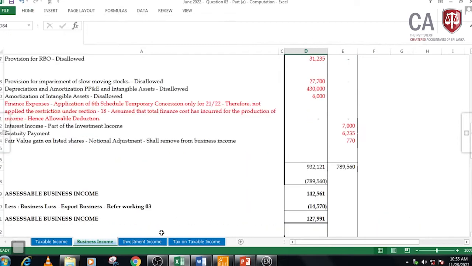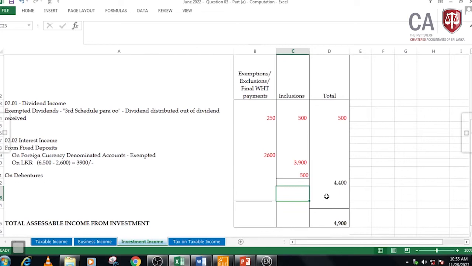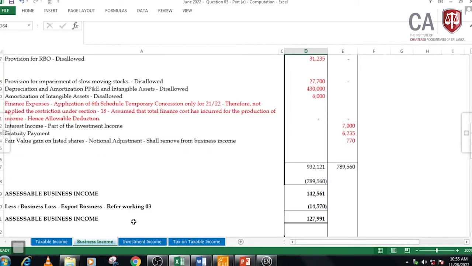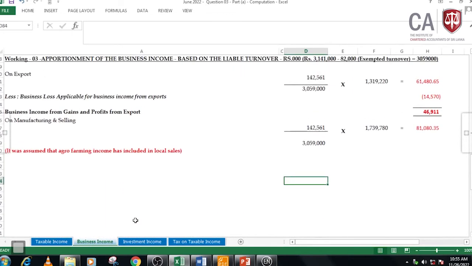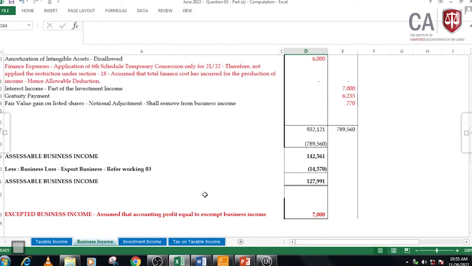Now let me come to the investment income. It's the investment income, dividend and interest. I have taken the total. Done. Now let me come to the application of the tax rate on the balance. Before that, let me conclude the business income.